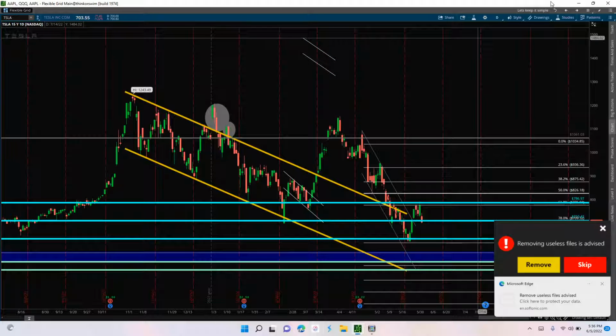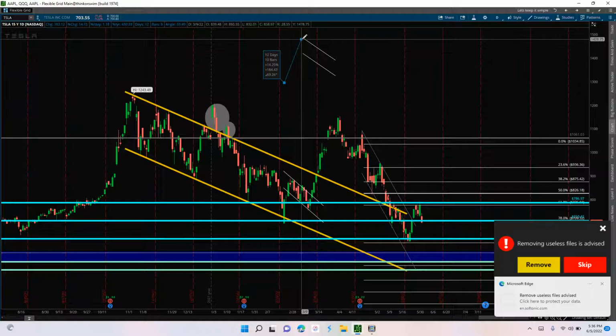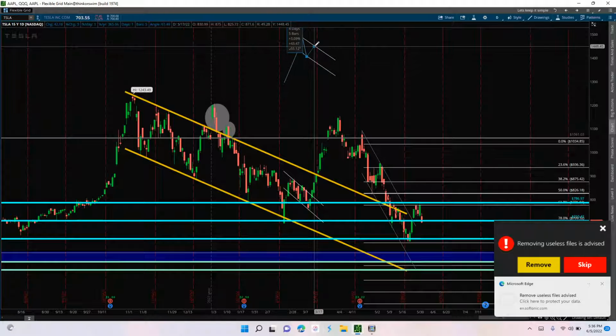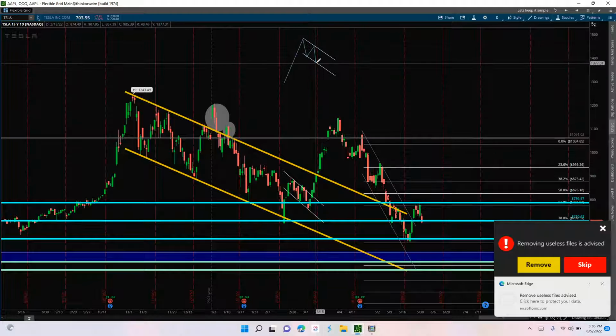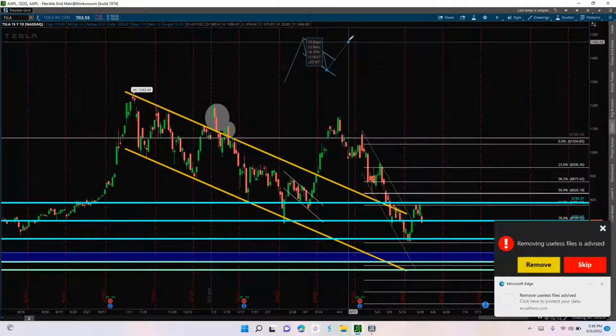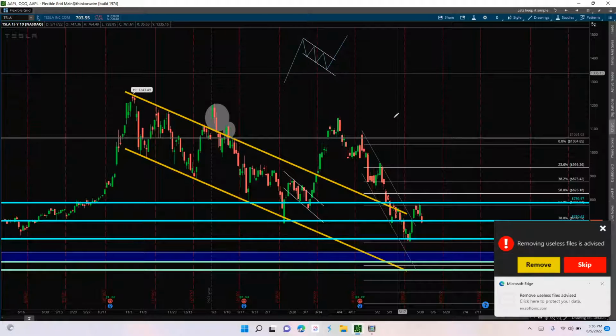And then Tesla's given you a little pop, and then it took a little break, a little breather. So when you see something like this, it's letting you know that this could be a continuation up. And that's exactly what we got here.